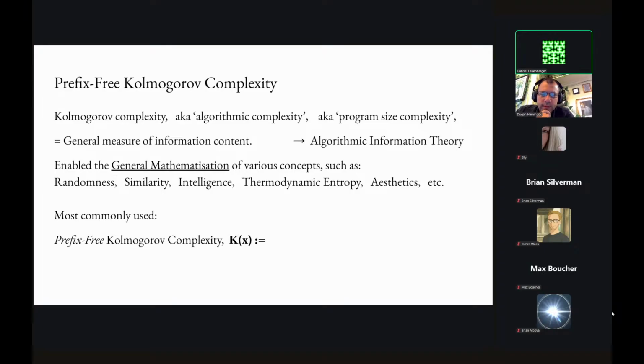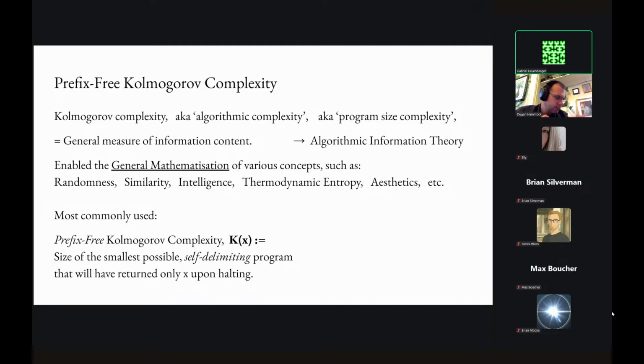The most commonly used version of Kolmogorov complexity is prefix-free Kolmogorov complexity, which is the size of the smallest possible self-delimiting program that returns only x upon halting.